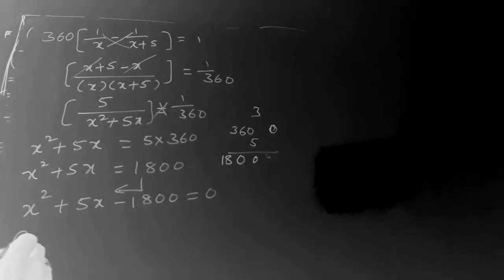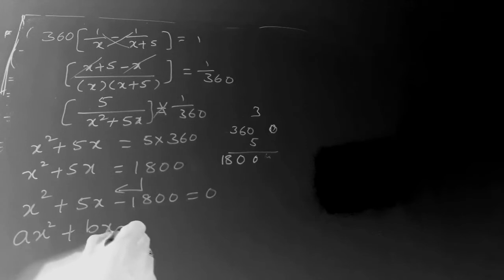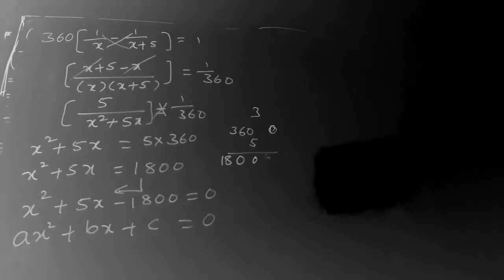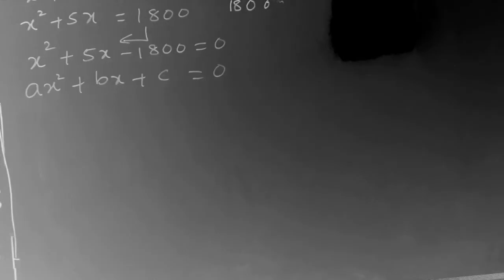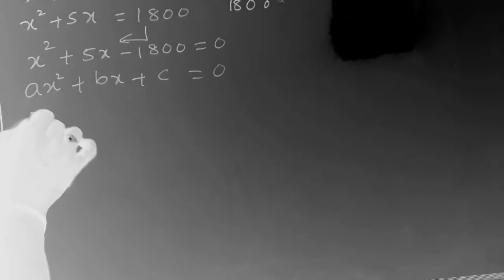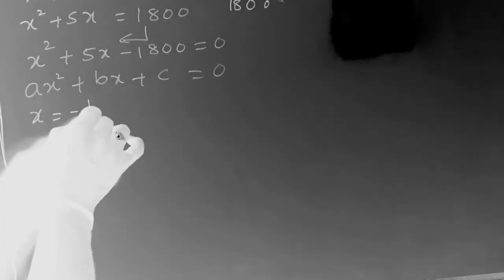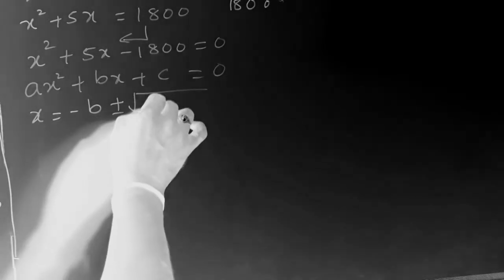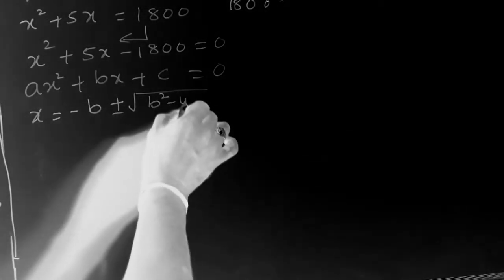So it is in standard form, ax square plus bx plus c is equal to 0. Now we can apply our quadratic formula: x is equal to minus b plus or minus under root b square minus 4ac, by 2a.